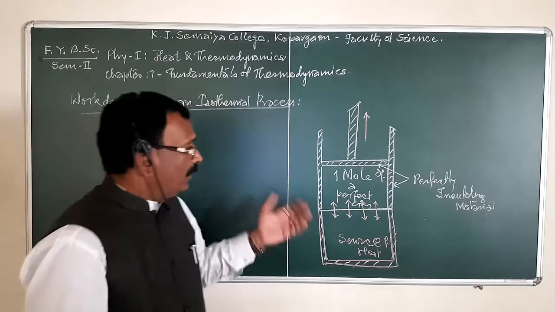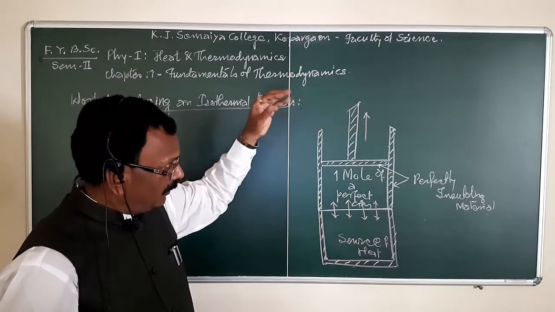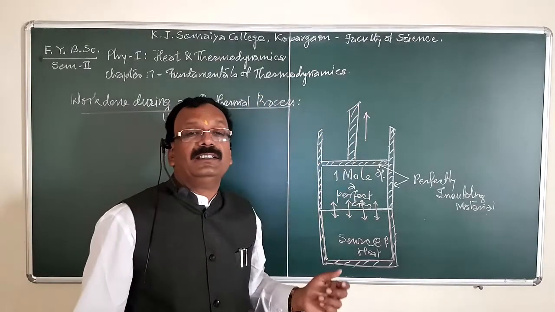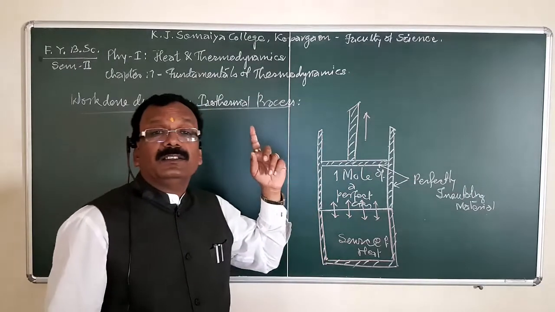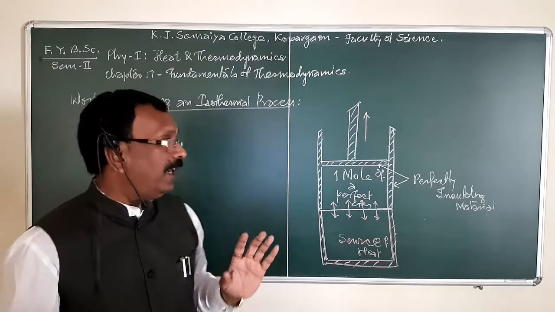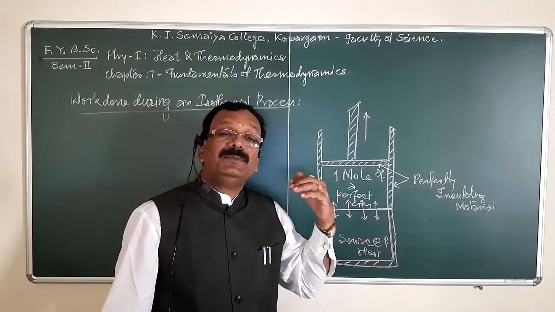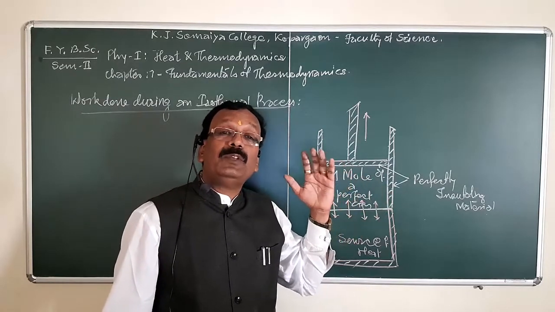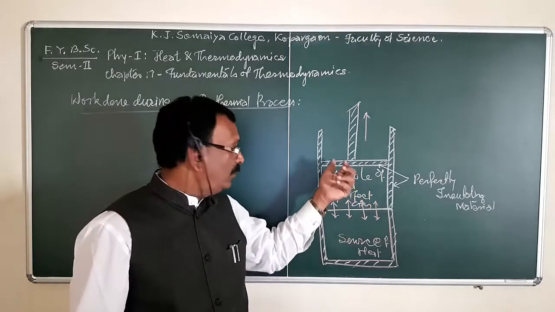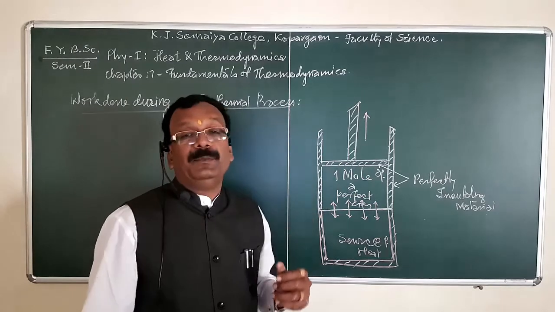Now when we adjust the pressure on the piston so that it moves slowly outwards, expansion of the gas takes place. At that time some work is done, and during the work done, the gas uses its internal energy, and that is why there is a fall in temperature.